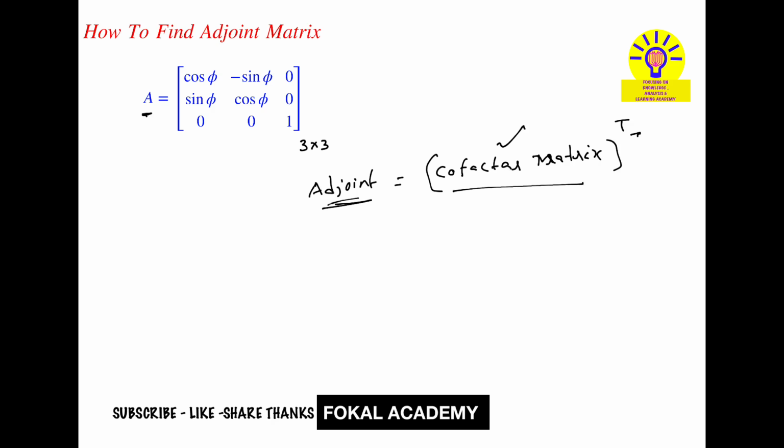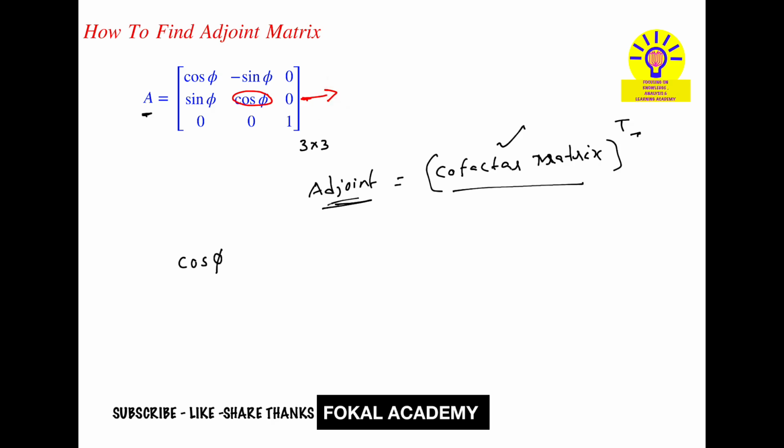First of all, we are going to find the cofactor matrix by using the shortcut. In the shortcut method, we start from the second row, second column element. So write the element like this, that is cos pi.